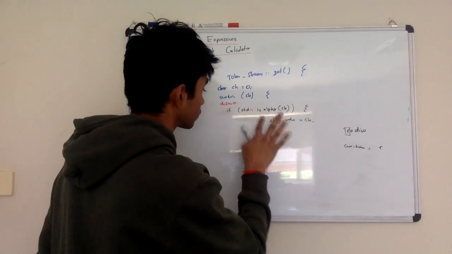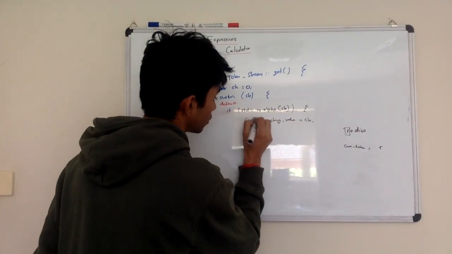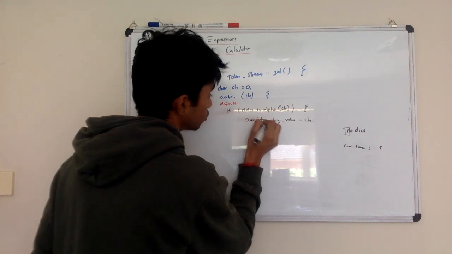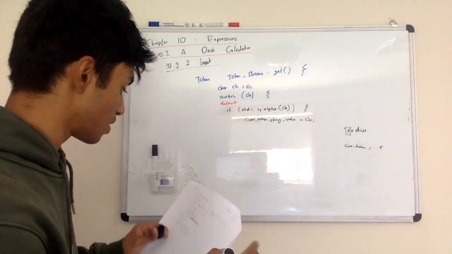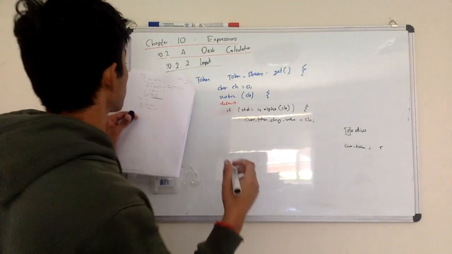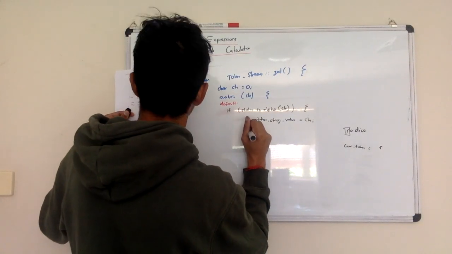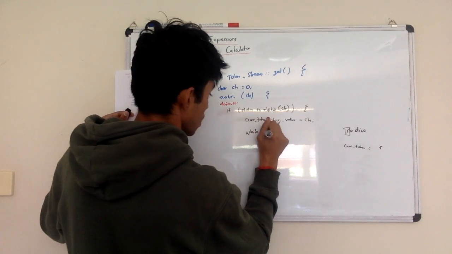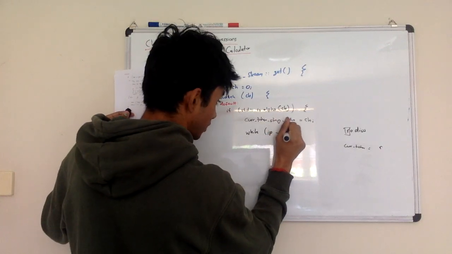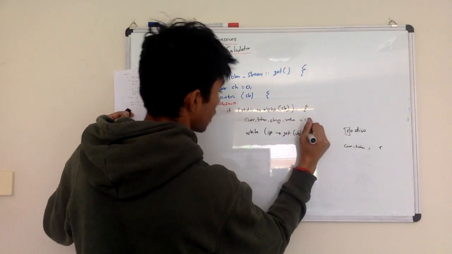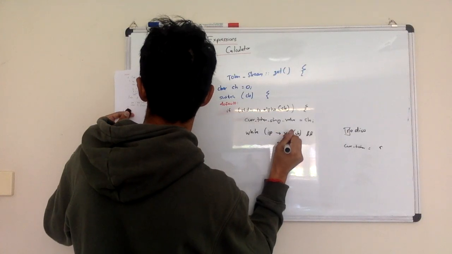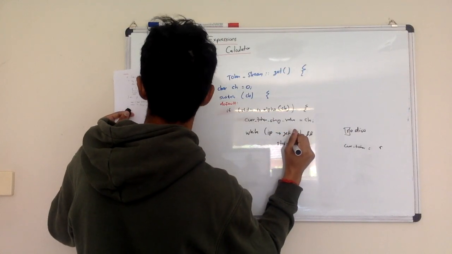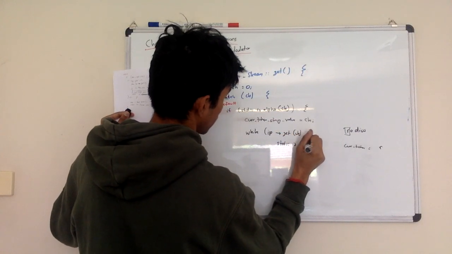Current token dot string value equals the ch, equals that first letter. Now, while ip get ch, and just write it underneath, should be the same line, while it still is alphanumeric.